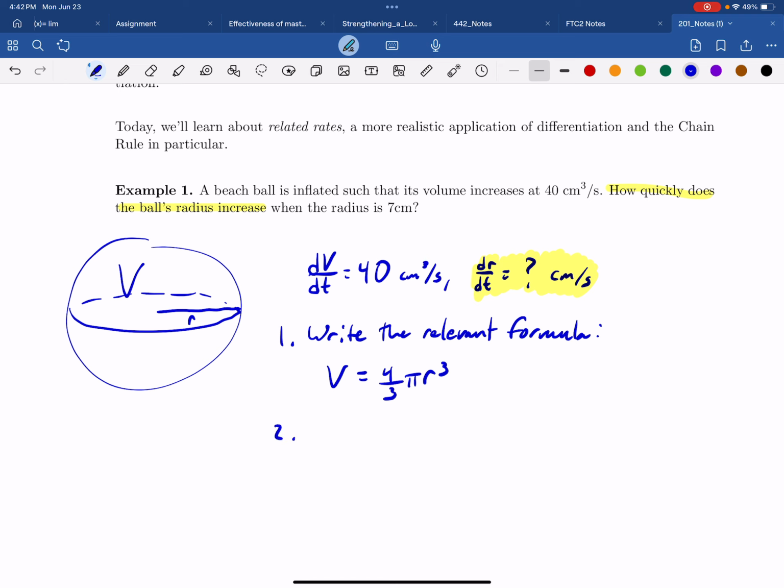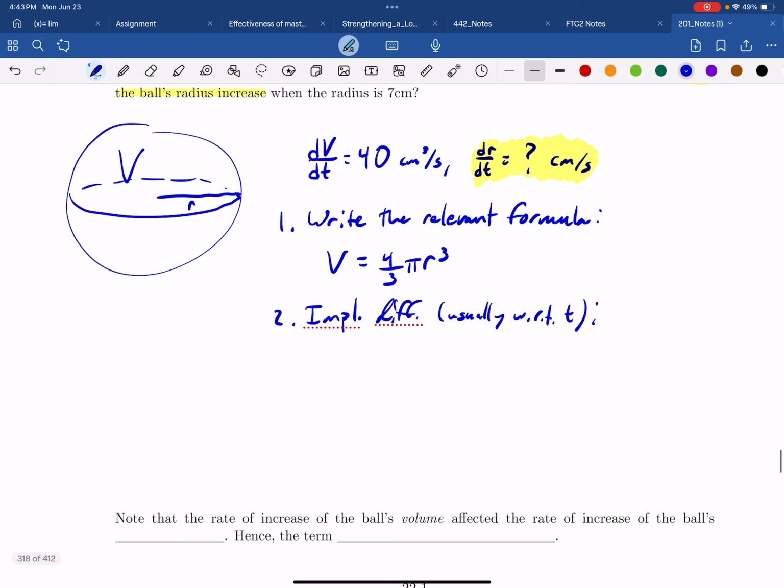Step 2, implicitly differentiate on just the formula, usually with respect to time. With respect to time. Okay? So let's see what that looks like.